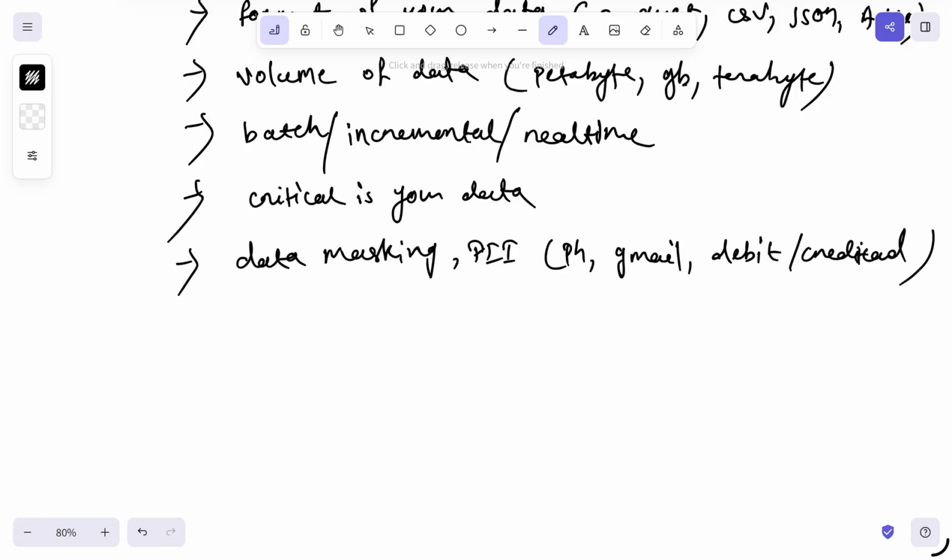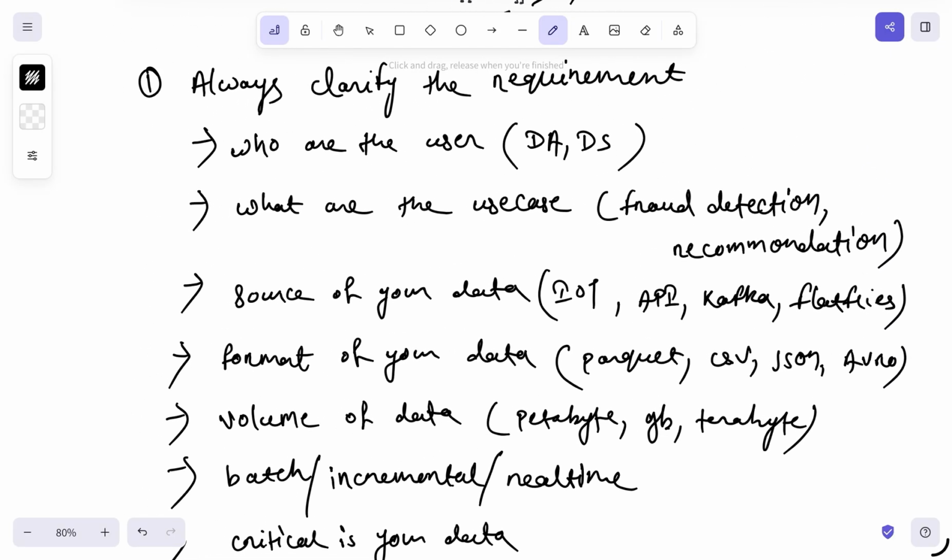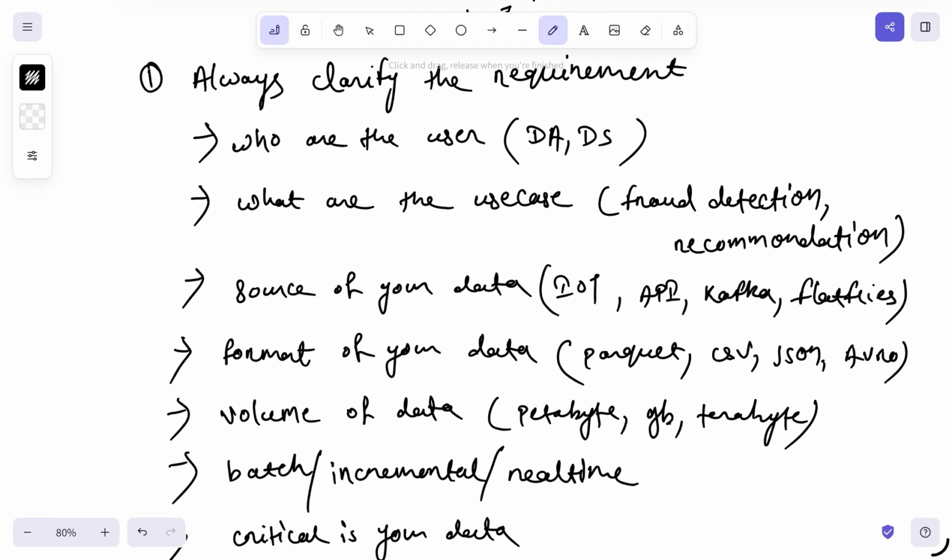So this kind of questions you can ask to clarify and better understand the use case. These are just some examples. It is not necessary that you ask only this set of questions. You can ask more.